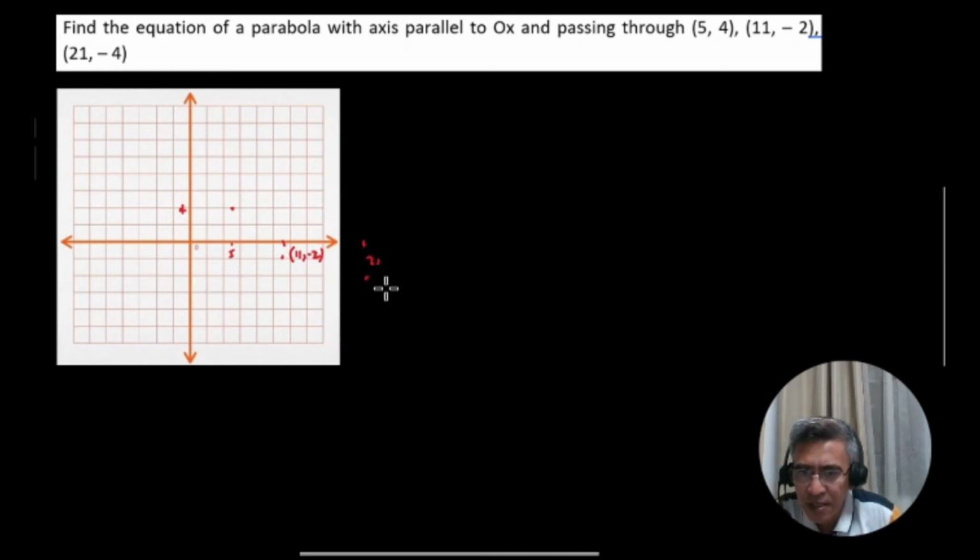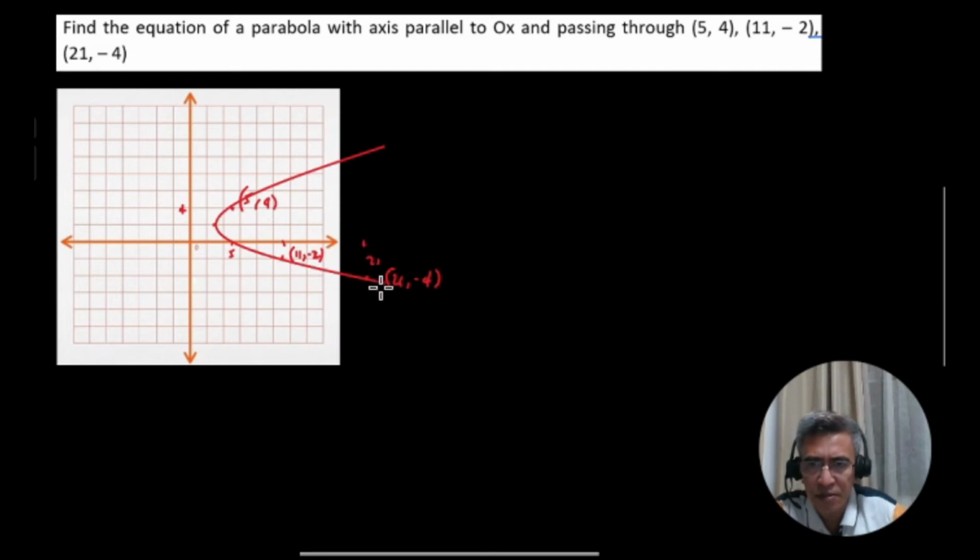And the last point, that's 21, negative 4, third point. And the axis is parallel to OX. So this is the line of axis.